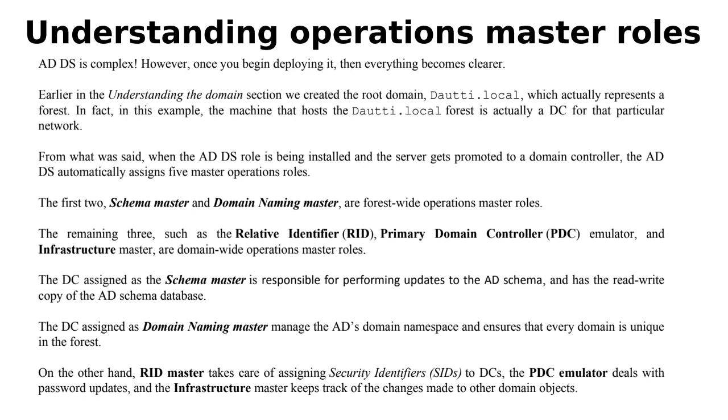The RID master, relative identifier, takes care of assigning security identifiers, SID, and I will tell you what SID is later. Username and password for each one is called SID. To the domain controller, the PDC emulator deals with password updates, and the infrastructure master keeps track of the changes made in other domain objects. Any questions?